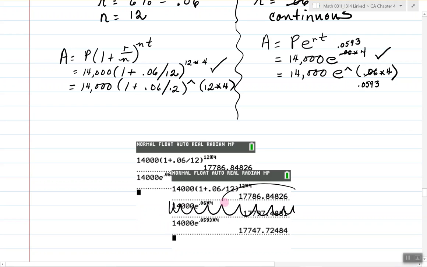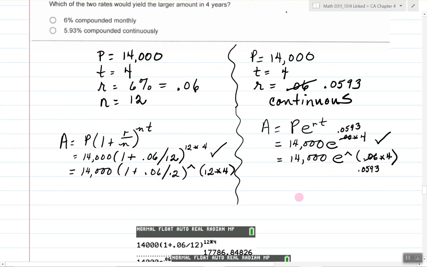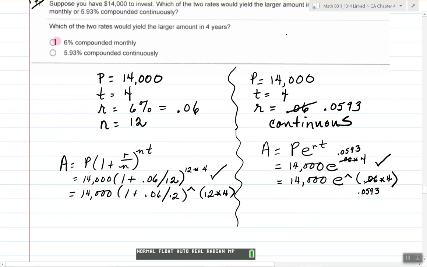So this was my first scenario at 6%. This is my second. The interest rate dropped just a little bit, but the frequency of the compounding went up, but not enough. So in this case, this is better.